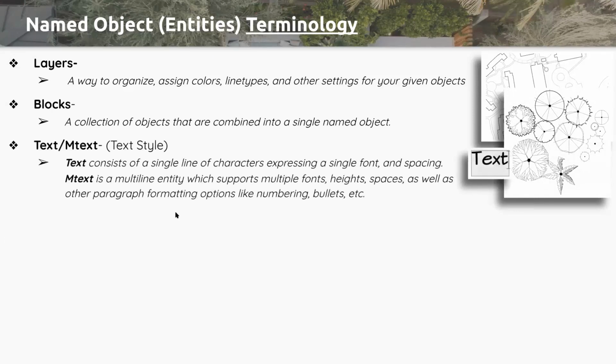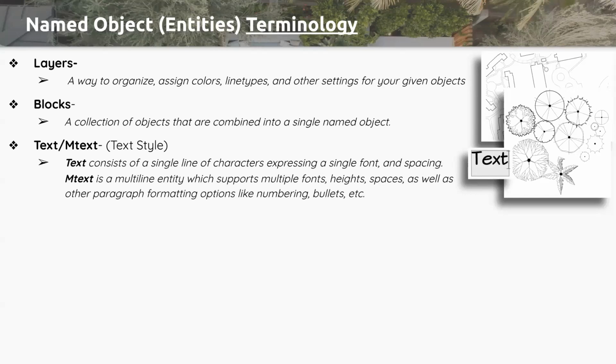The text and the MText, these are the text styles, and what we're going to really focus on would be considered a text style. But from the named object perspective, we have two different kinds of text. The first one is mainly just a single line of characters, font, and spacing. It's very, very basic, and it is limited in what it can do, but it's also good to know that you have multiple different text options here.